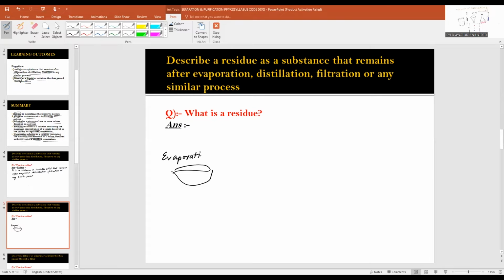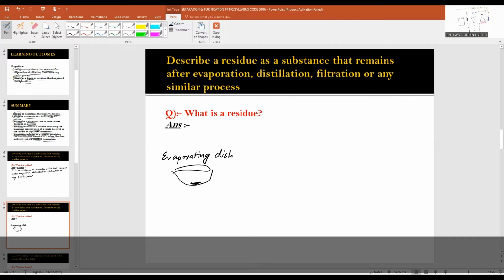Now it contains a residue. You have evaporated the solvent through heating. Now during distillation, solution is heated to remove liquid to get the residue.